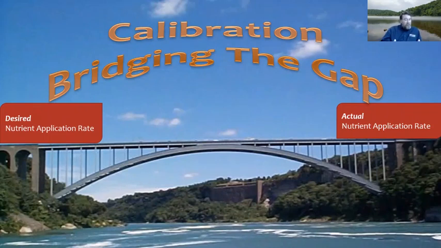Well, the next question is, okay, I know how much I want to apply, but how do I guarantee that I'm going to apply the amount I said I want to apply? Because doing all the paperwork and all the calculations doesn't mean anything unless you can actually apply what you want to apply. So calibration is really bridging that gap between the desired and the actual.